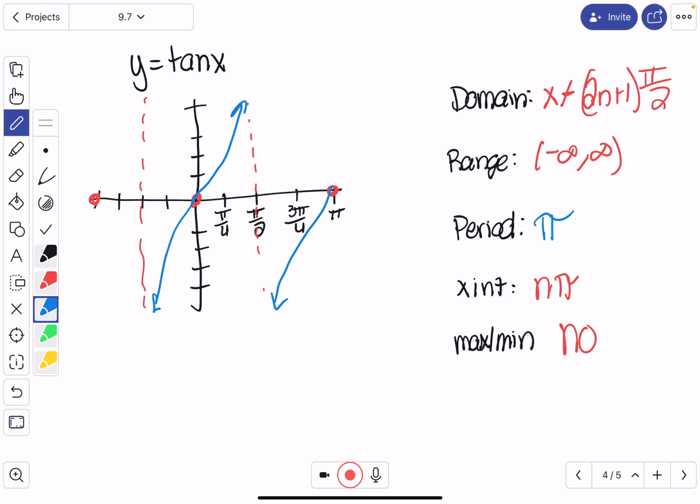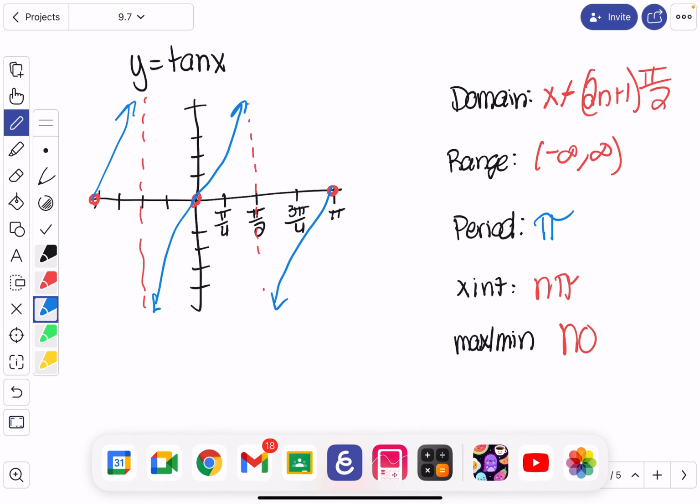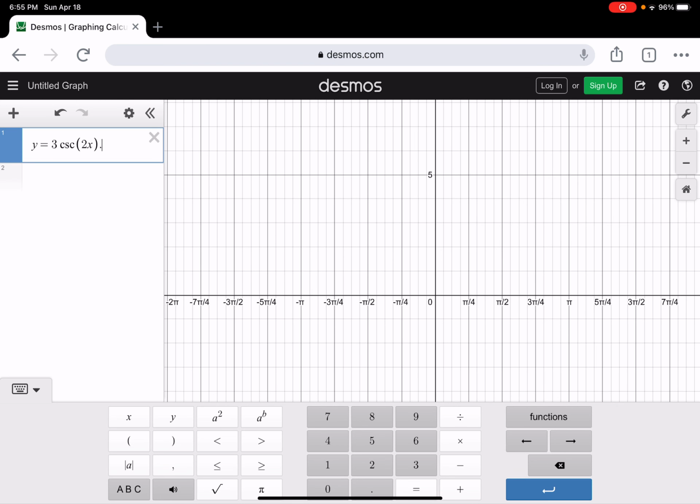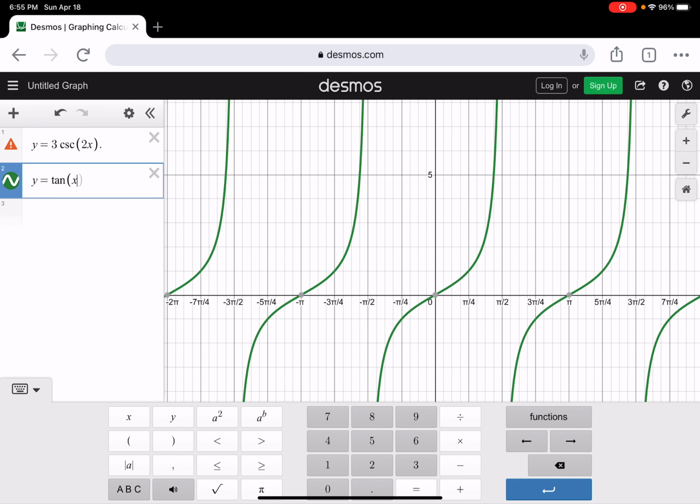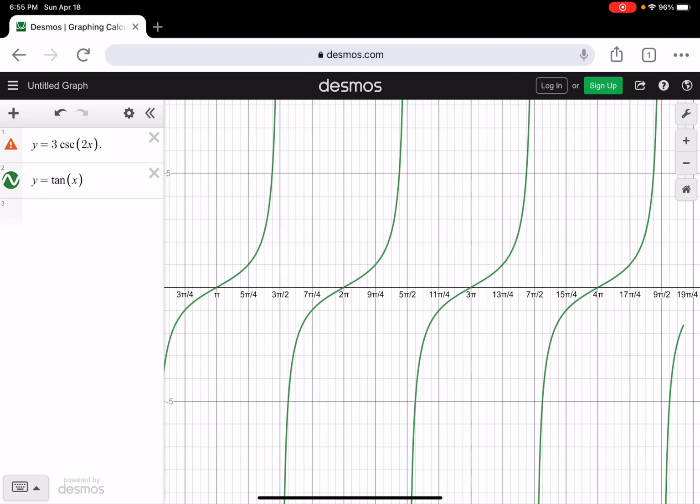So really, it's almost like a cubic function, but it repeats over and over again within that pi interval. So if we were to graph that on Desmos, let's do it in a different color. Y equals tan x. You see that curve over and over again forever.